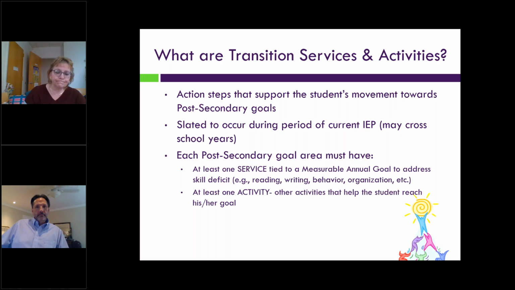One of the IEP team should also document that at least one measurable goal has been developed for the post-secondary goal area by circling yes. On that IEP document, there's an area that asks whether this is actually connected to a measurable annual goal, and you circle yes.